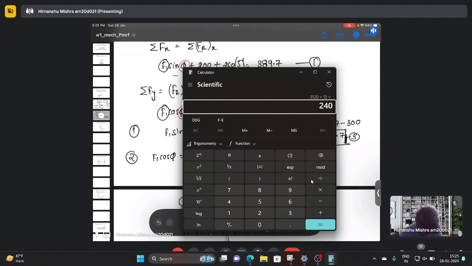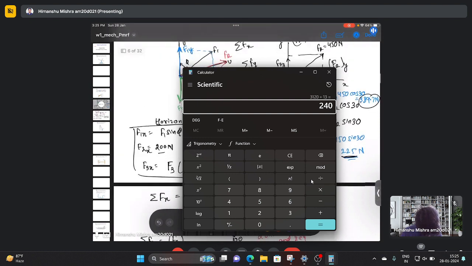So in the y component, I have F1 which is going in the positive y.